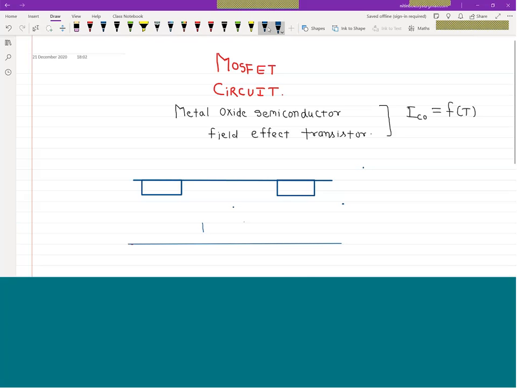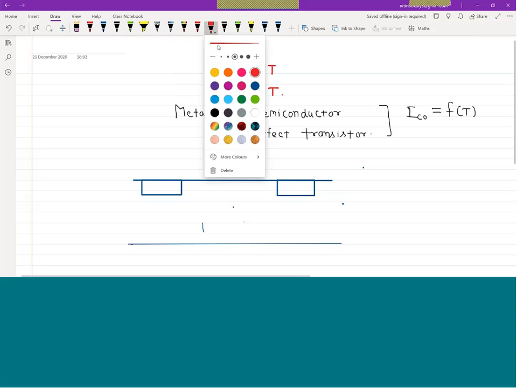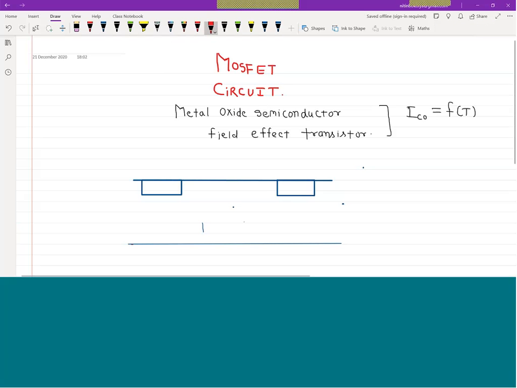Let's see the basic fundamentals related to MOSFET. So this is the P-type substrate. We are taking one P-type wafer, a very lightly doped material.